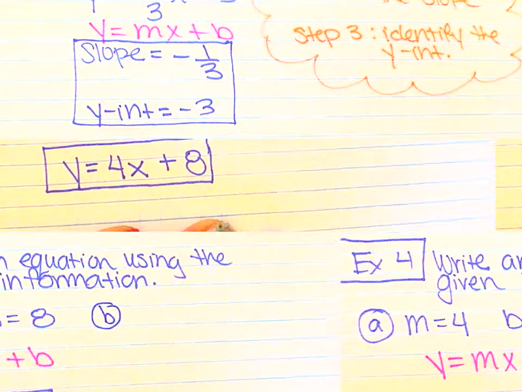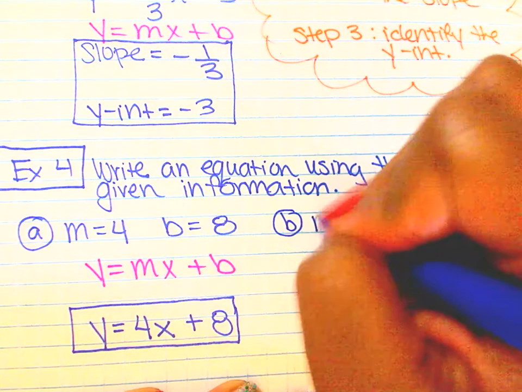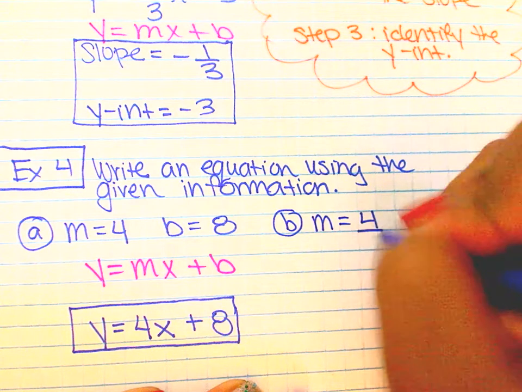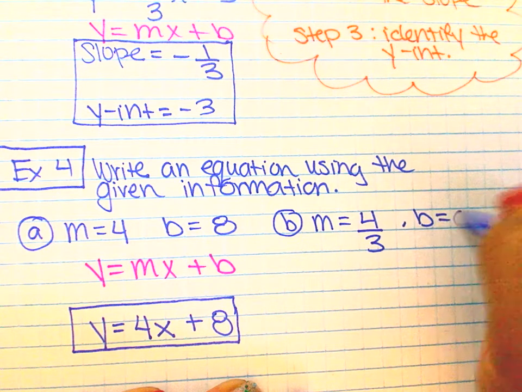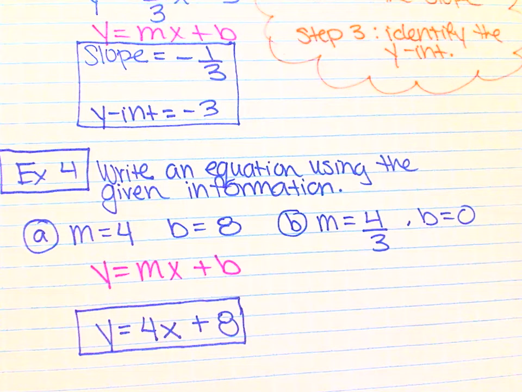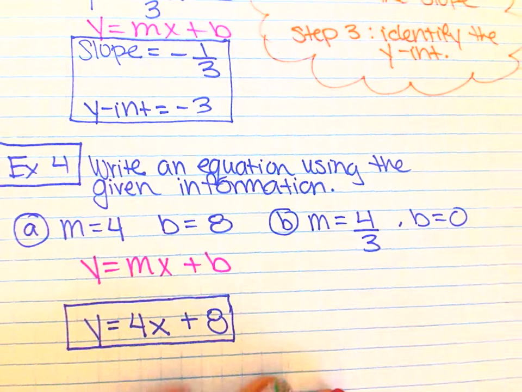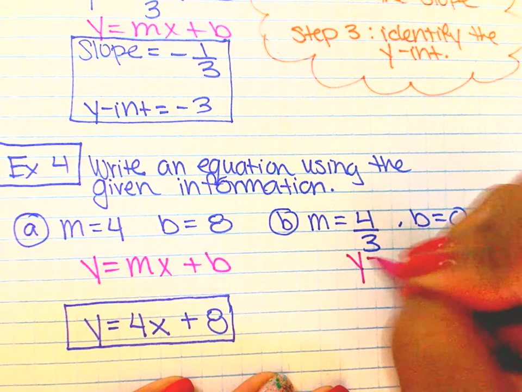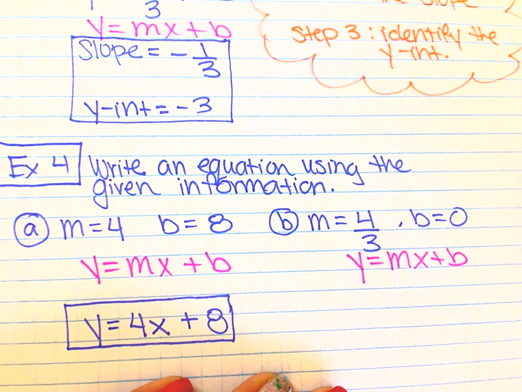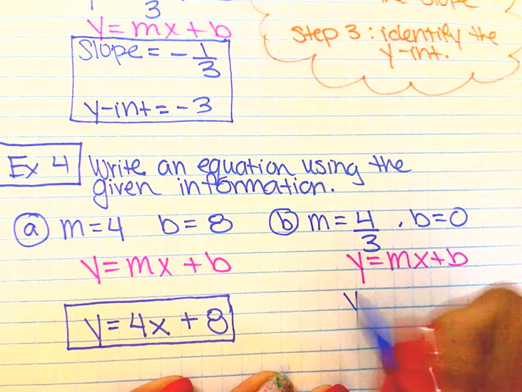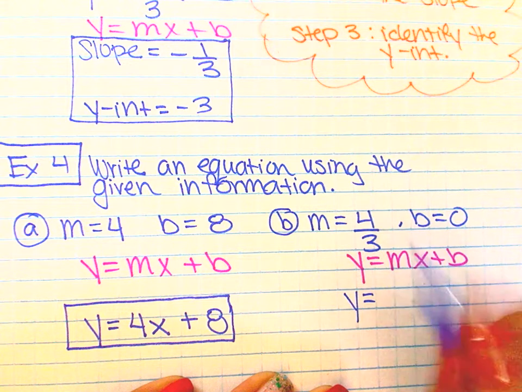Now this one's going to be interesting. Let's see what you think. M equals 4 over 3 and b equals 0. How's that going to look? Well, let me write the equation first. Y equals mx plus b, and then I can plug it in. Y equals m, which is 4 over 3.